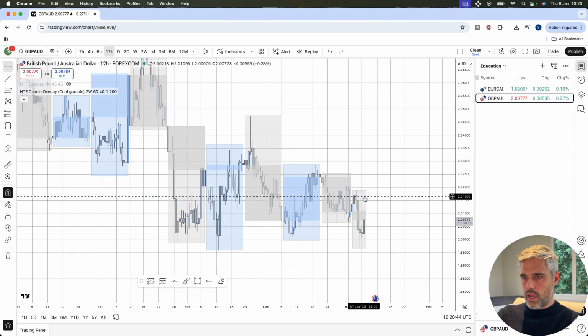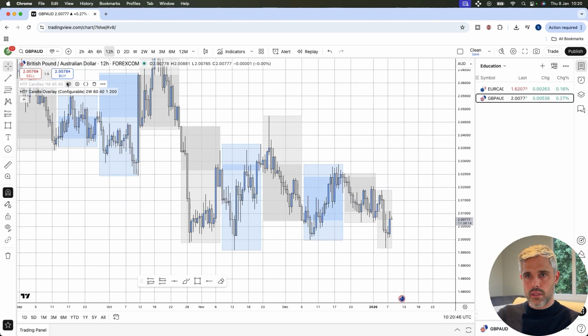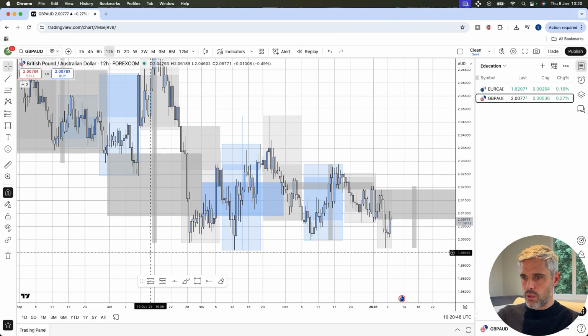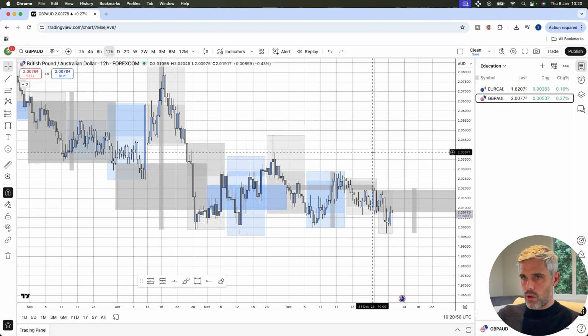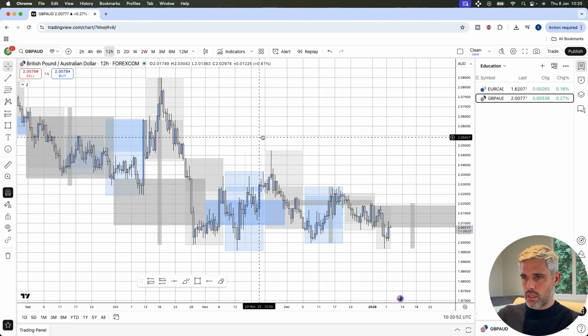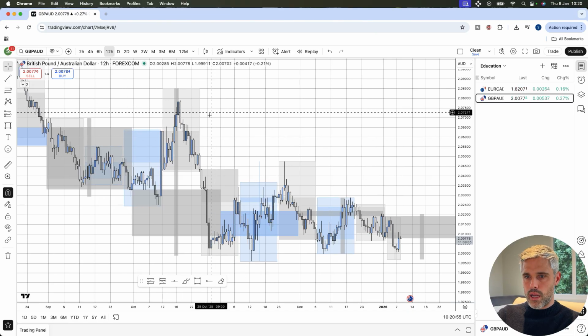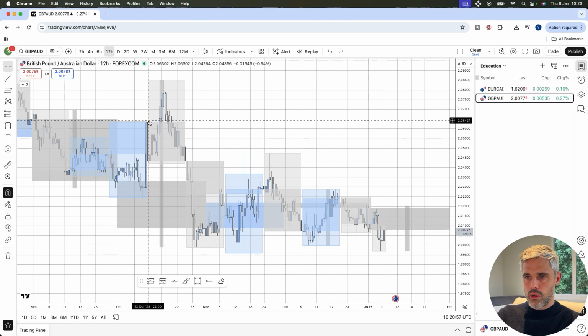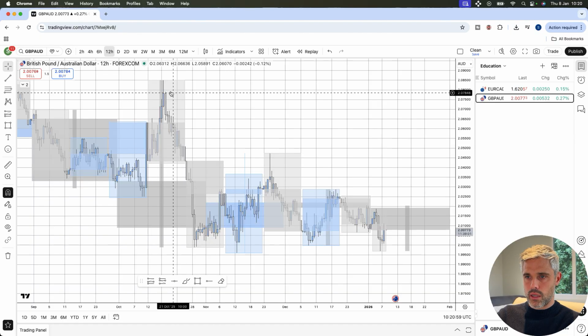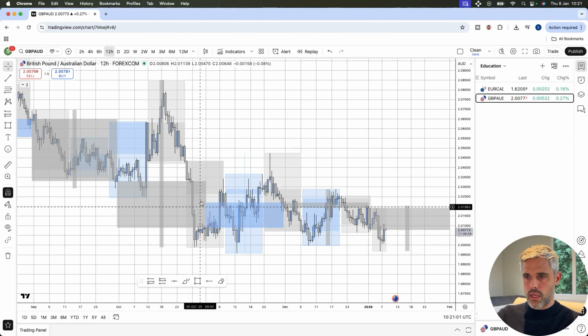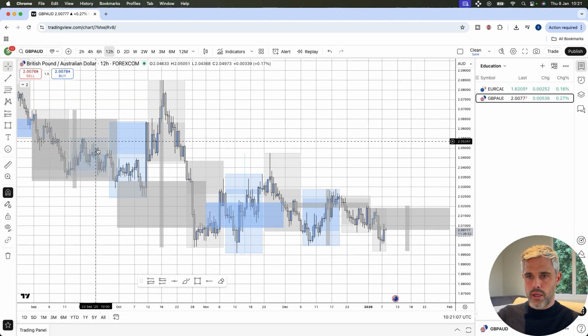Now, what we're going to look at here is the exact same thing. So right here on GBP AUD, we had a very strong bearish monthly candle. So this entire price action that you can see here was the monthly price action between October and November for GBP AUD.